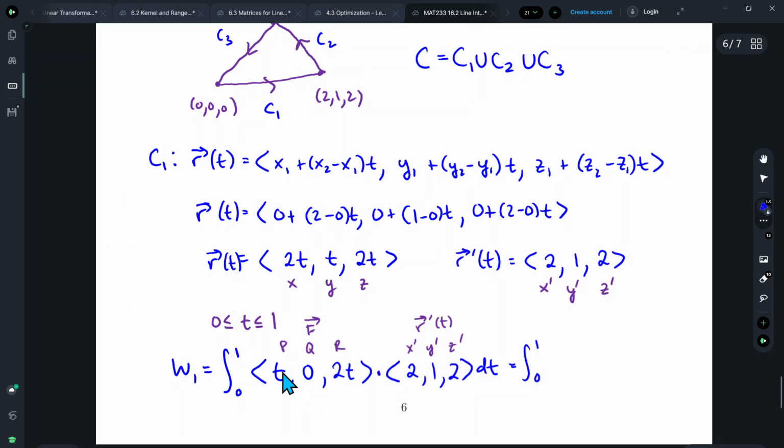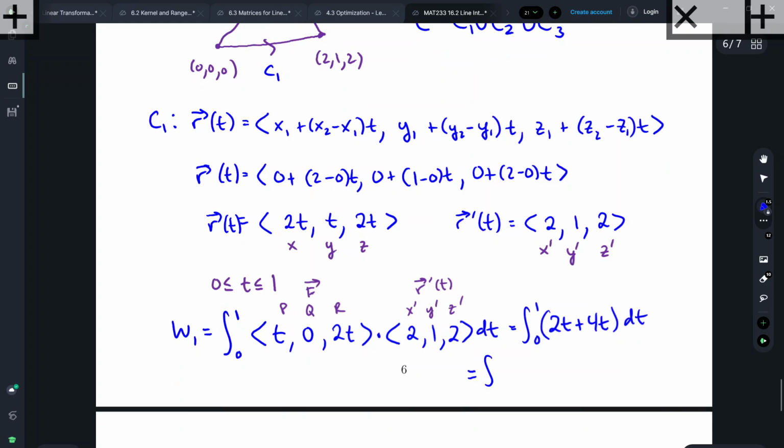So 2 times t is 2t, plus 0 for the middle, plus 4t. So it's 2t plus 4t dt. I'm running out of space, but let's squeeze it in here. It's the integral from 0 to 1 of 6t dt. The antiderivative is 6t squared over 2, evaluated from 0 to 1. Plugging in 1, you just get 6 over 2, which is equal to 3.